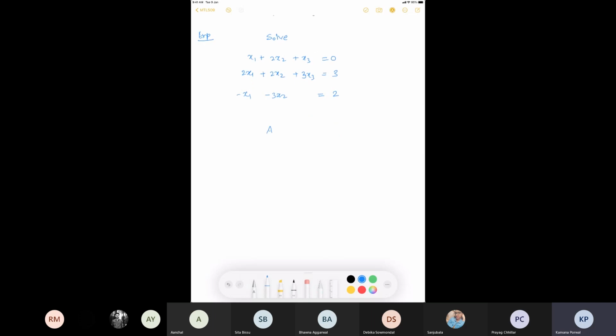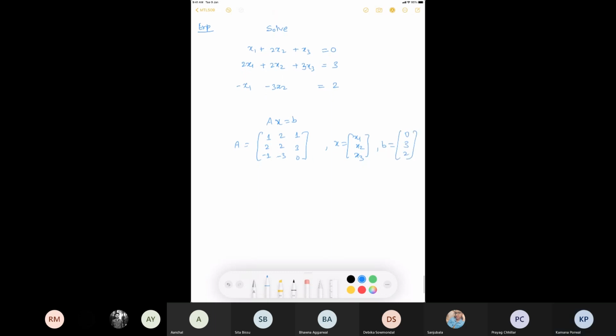So I can write this in the form Ax equals b, where the matrix A is [1, 2, 1; 2, 2, 3; -1, -3, 0], and x is the vector x1, x2, x3, and b is the vector 0, 3, 2.